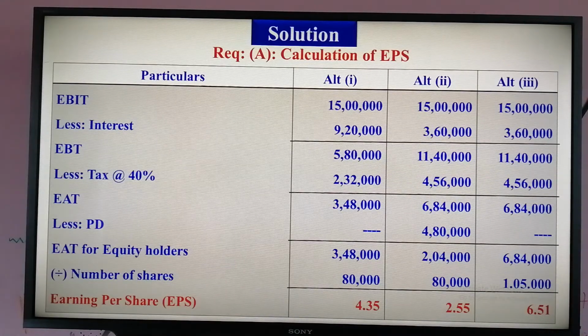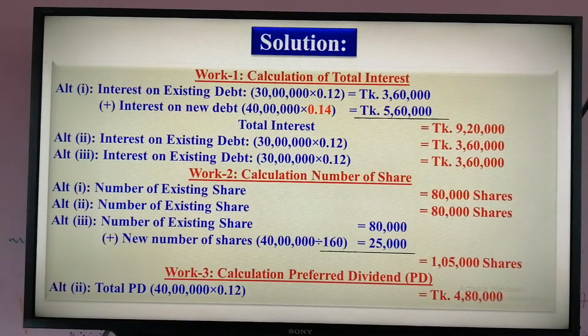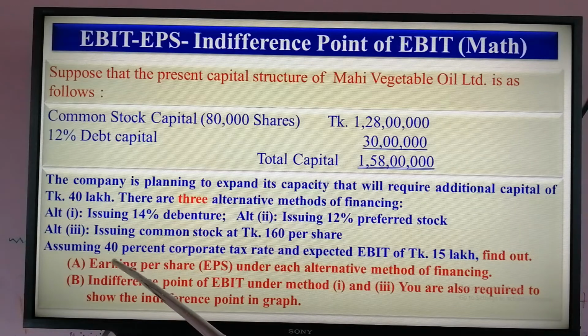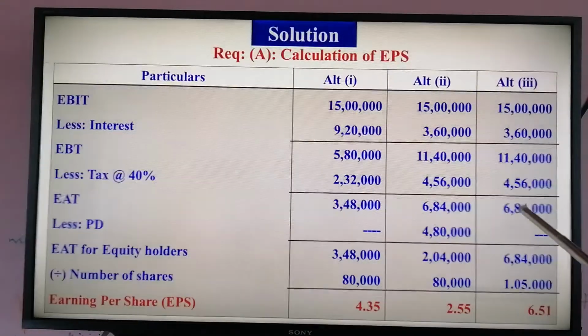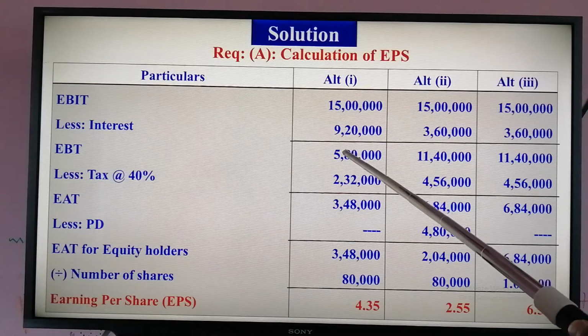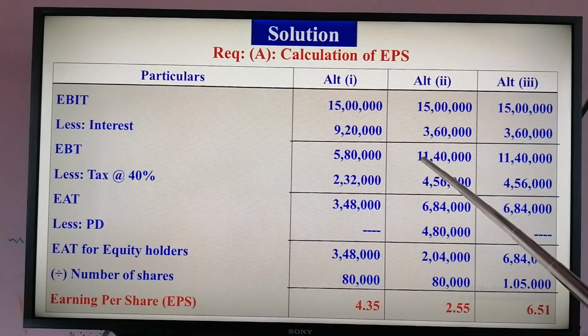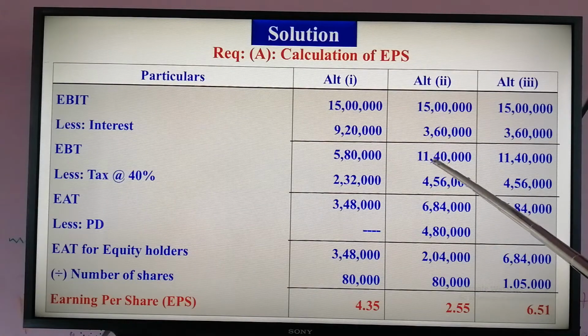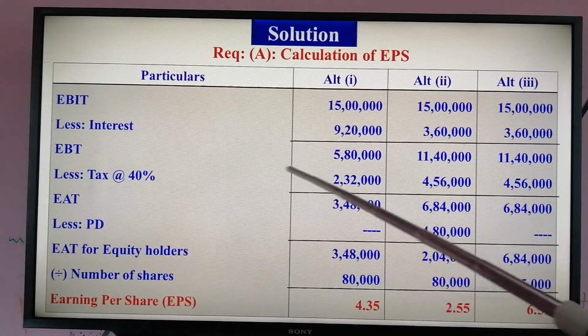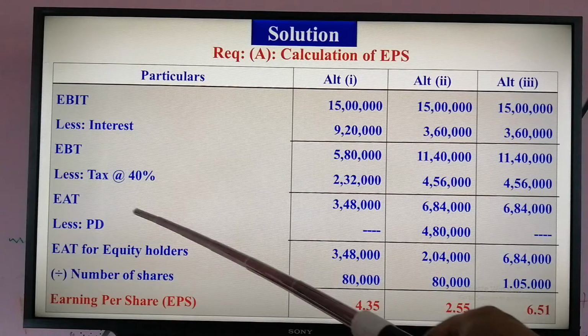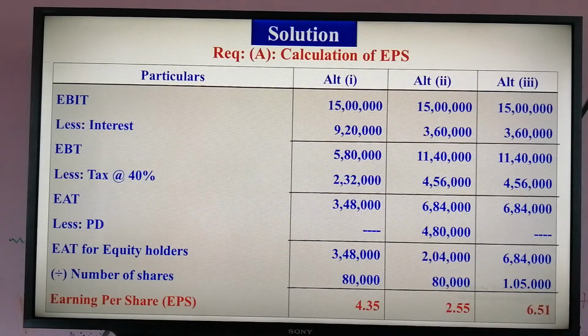11,40,000, 11,40,000. Then we have to adjust tax. Given in the question, 40% tax. So 40% tax, 5,80,000 multiplied by 0.40. So EAT, earning after tax.